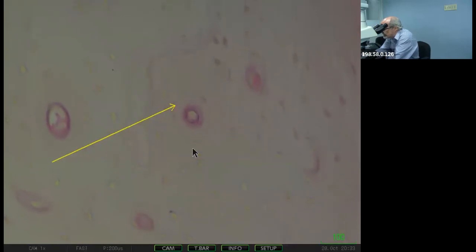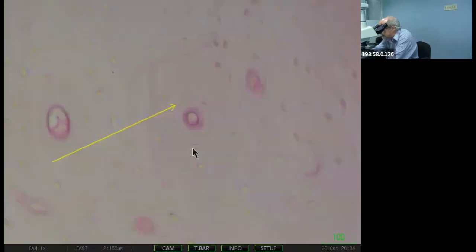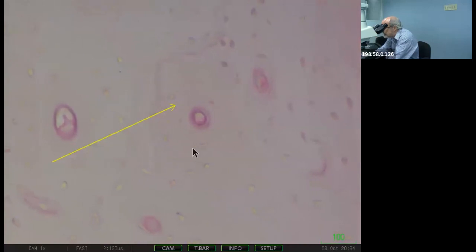Radiating from the central canal, going from one osteocyte to the other osteocytes, you have some small canals, which are difficult to show you. They are very small and are called canaliculi.